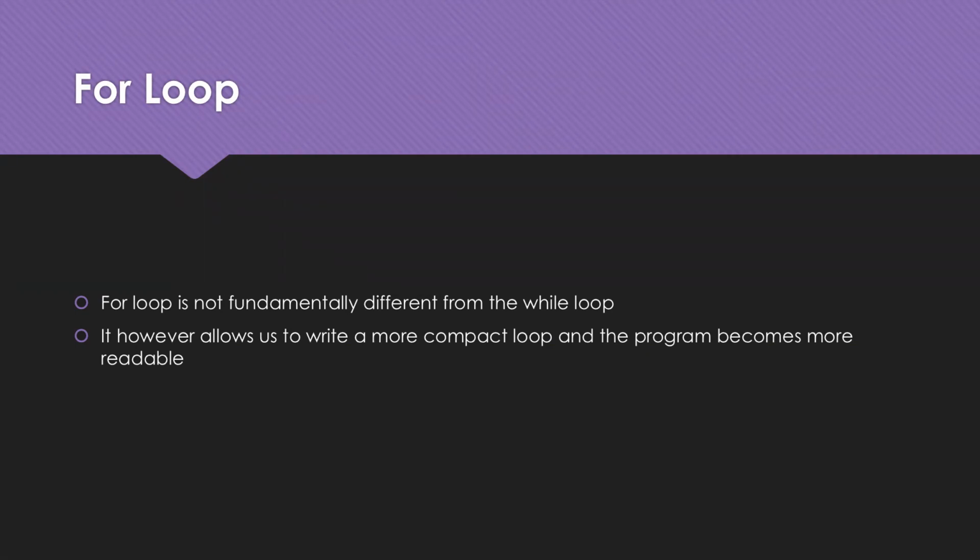That is how the for loop is normally used. It's not to say that a for loop cannot be used for something which terminates after an unlimited number of tries, or where we are not sure how long the loop will run. We can use a for loop there, but normally we use the while loop for that.